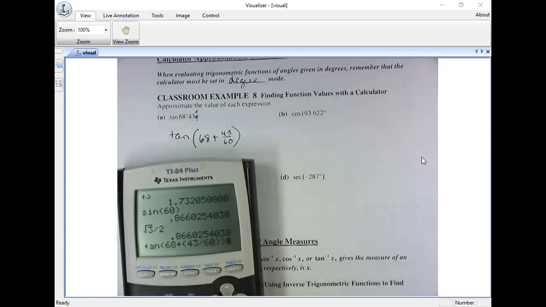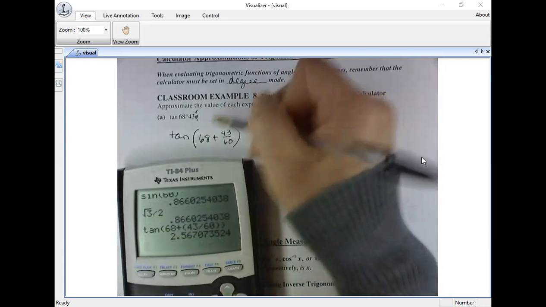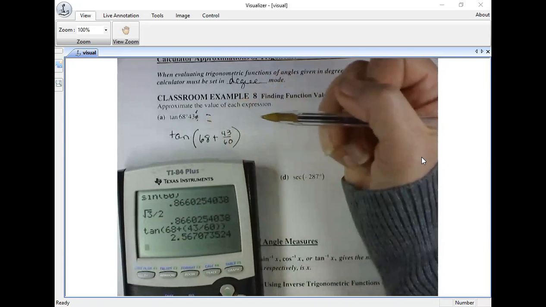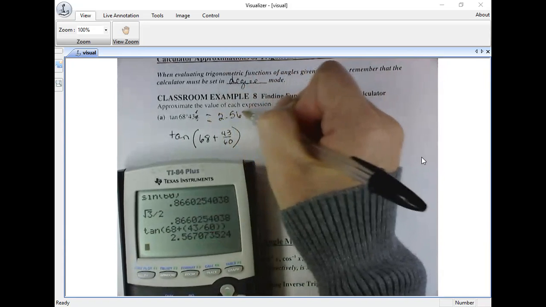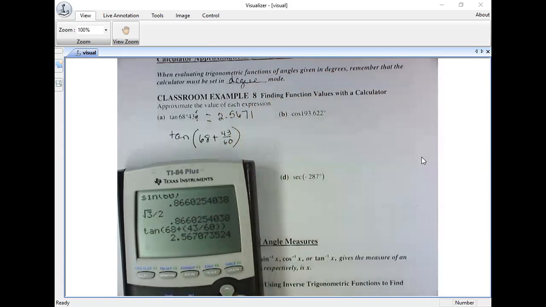So the tangent of 68 degrees, 43 minutes is, and this says, let's approximate it. I'm going to ask you to round 4 places to the right of the decimal. What would you put on your paper for this? 2.5671. Excellent. So, a very quick reminder on rounding.